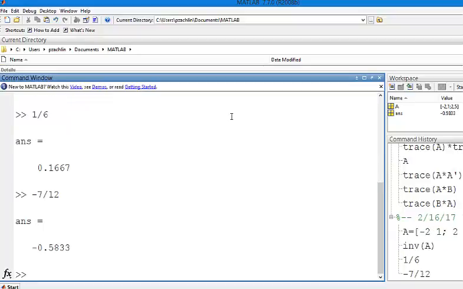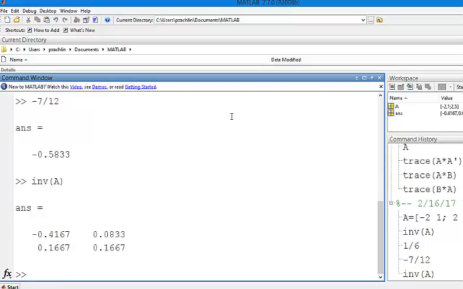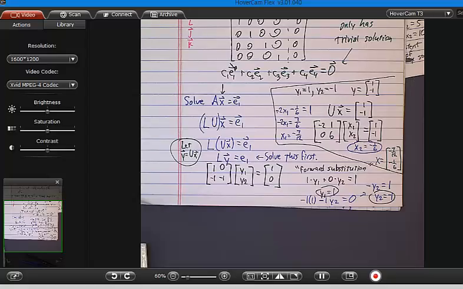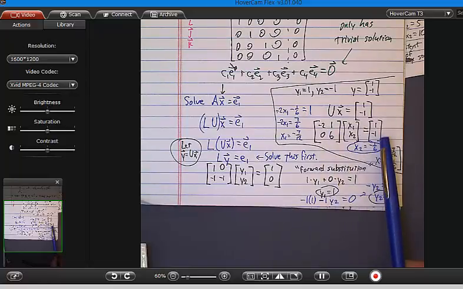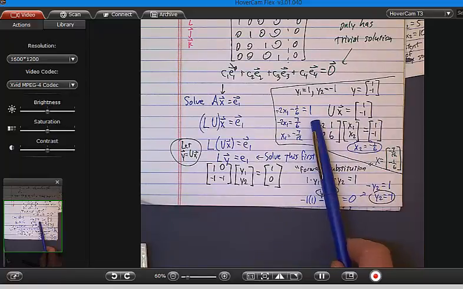Oh, I made a mistake, guys. Because the inverse of A, I got the 1/6 right. Maybe my x1 was wrong. Here, let's go back to the paper and see, we should get negative 0.4167. So let's see, the first equation said negative 2x1 plus x2 has to equal 1. That seems right.